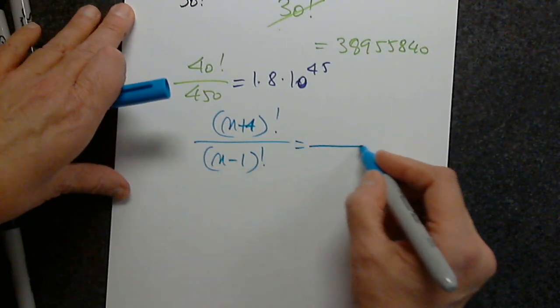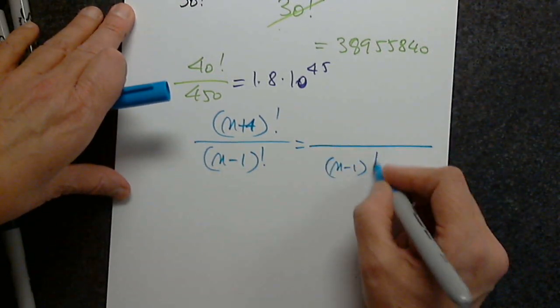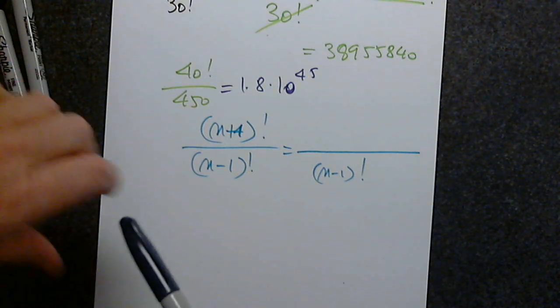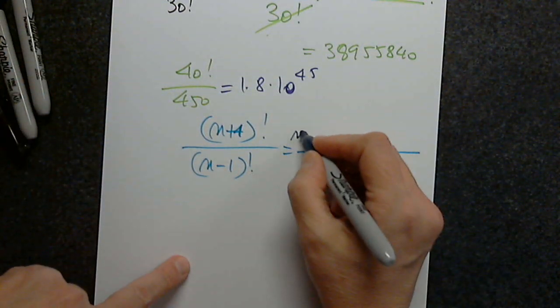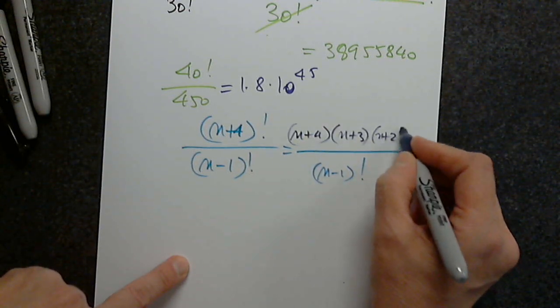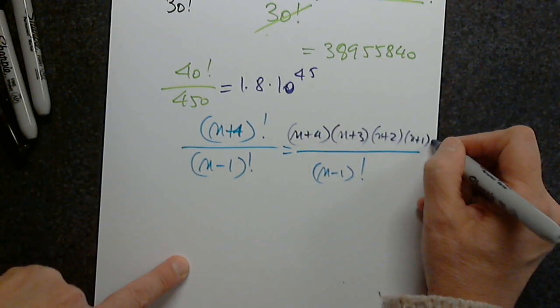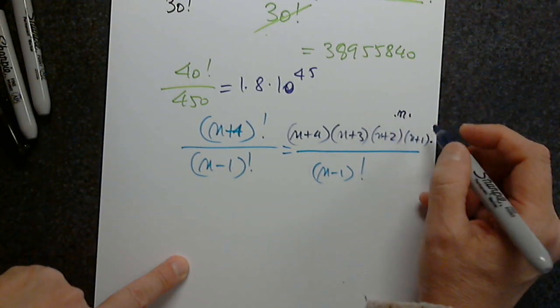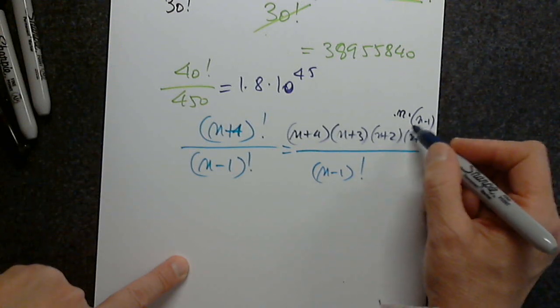Right. So leave n minus 1 factorial alone. That's carved in stone. And what now? You just use n plus 1 times n times n minus 1 factorial.